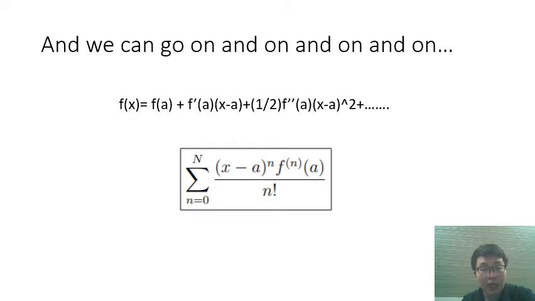It can go on, and if we use the sigma notation to shorten this expression, we get something like this. So f of a, f prime of a, f double prime a, these are expressed with this term, f to the nth derivative a, so this is a constant, and there's n factorial in the bottom because it's 1 over 1, 1 over 2, and then after that we get 1 over 2 times 1 over 3, that's 1 over 6, so that's the n factorial term.